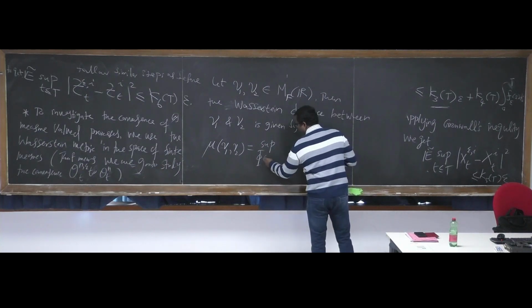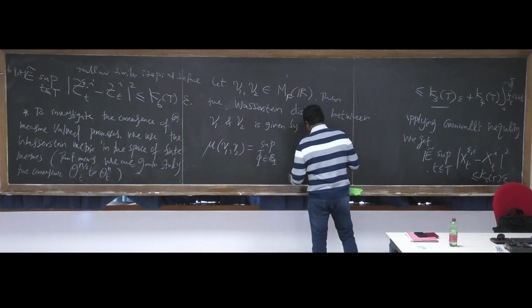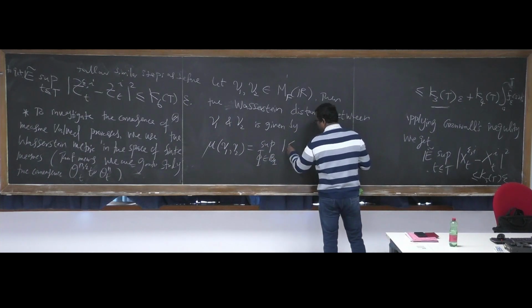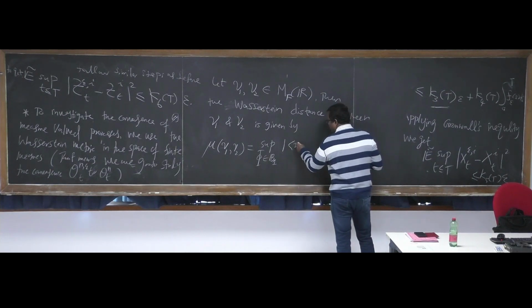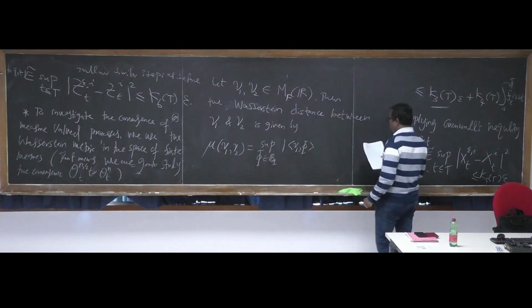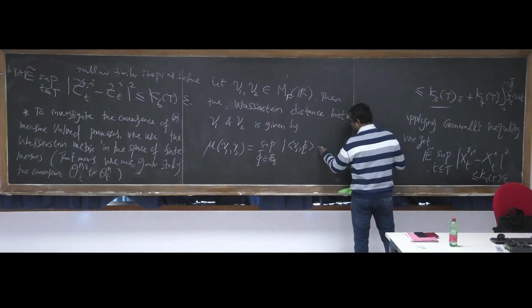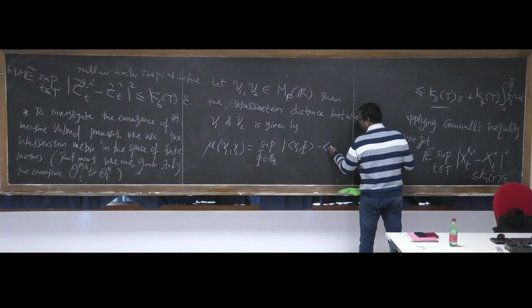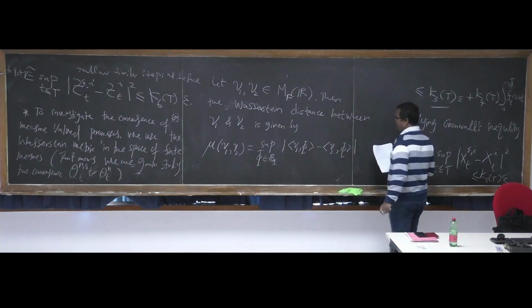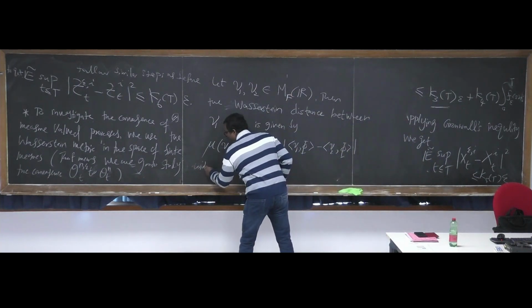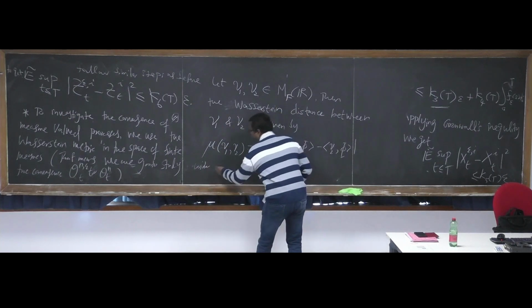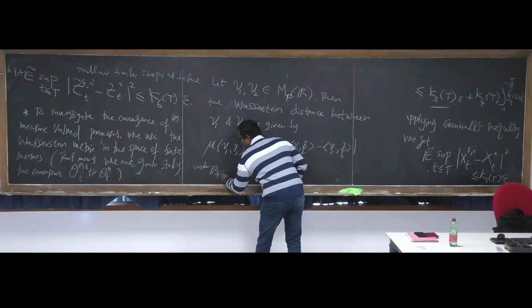phi belonging to class B1 of the duality pairing of nu1 with phi. Phi is a very nice function, okay, minus the duality pairing of measure nu2 with phi. So what is this class B1?